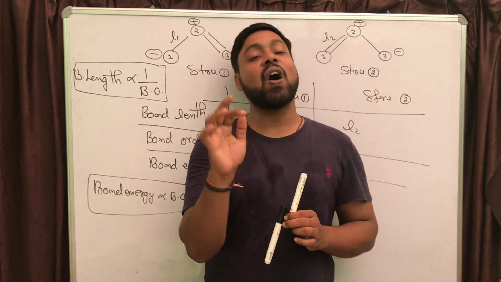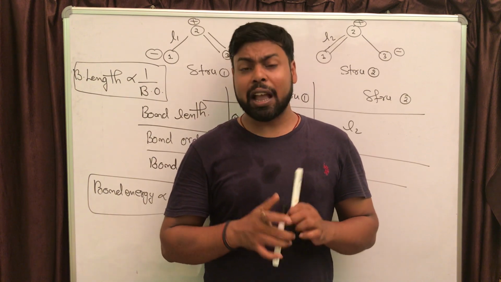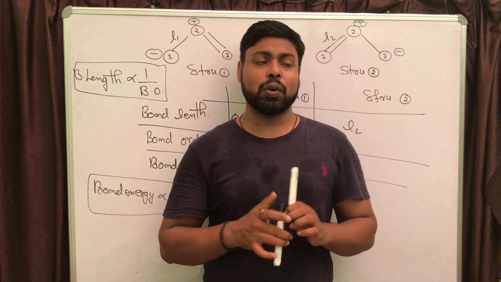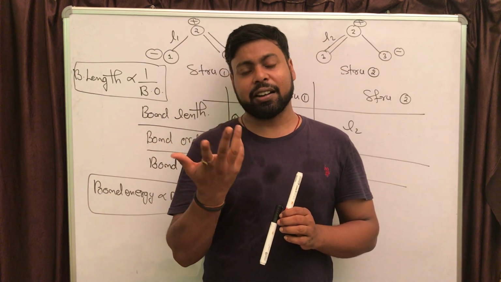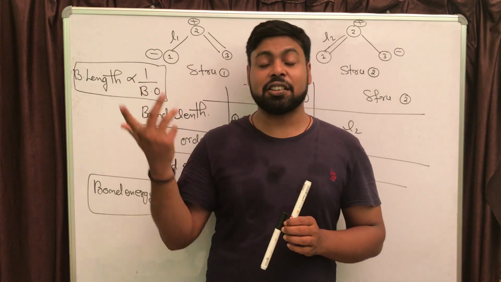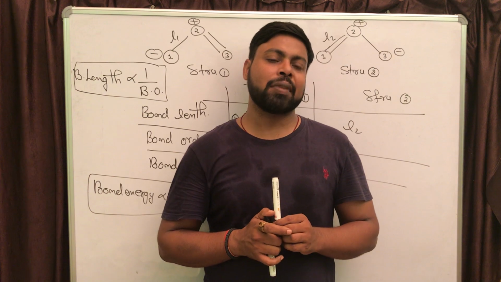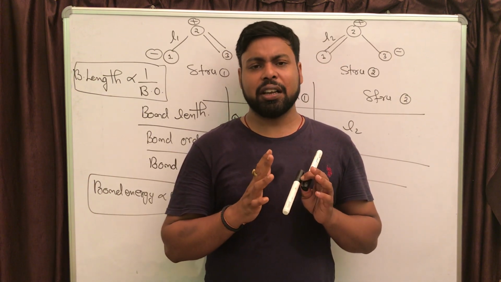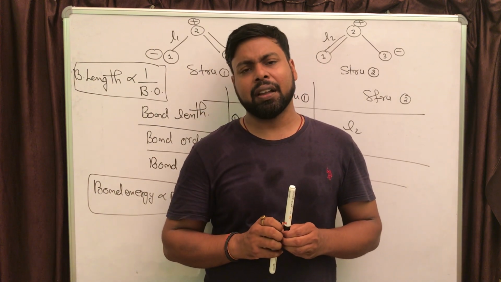resonating structures, or canonical structures. In case you can draw two or more Lewis structures, they are definitely not real existing structures, because practical properties are not explained by them. The actual existing molecule has a different structure from all these that we are drawing.